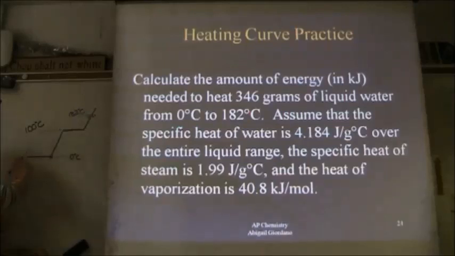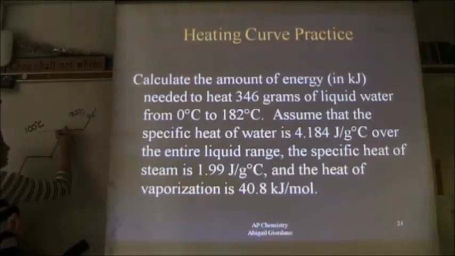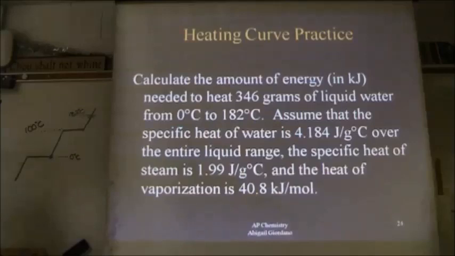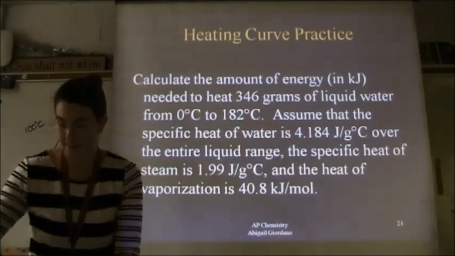The beauty of doing this, like drawing this out before you even tackle the problem, is this will tell you how many steps the problem is. It is 1, 2, 3 steps long. Okay? So let's get to it.